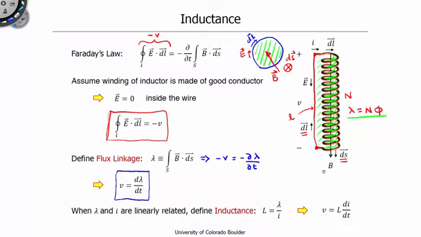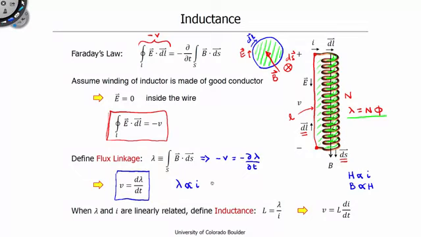Well, remember from Ampere's law that the magnetic field intensity H is proportional to the current I, and B is proportional to H, and the way we've defined lambda, lambda is proportional to B. Therefore, for at least linear materials, we can say that lambda would be proportional to I.